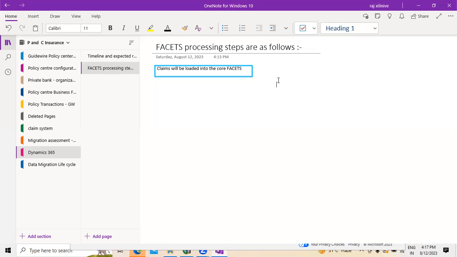So everything has to be updated on the form. Those forms will be loaded into the core Facets. This is the first one, which will normally be there in any Facets application. This is point number one.